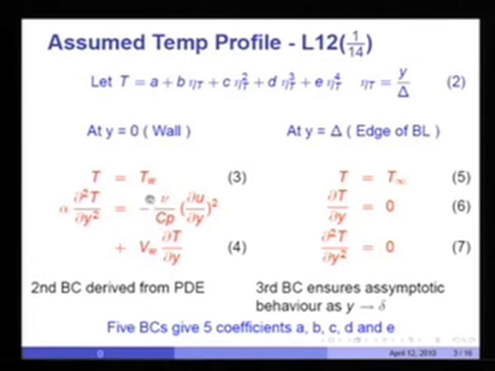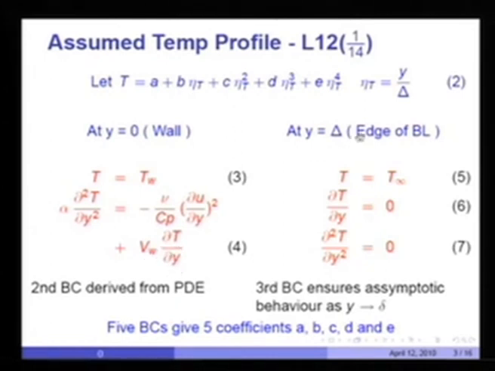with 5 boundary conditions. The first of these is at y equal to 0, of course, T is equal to T w, and eta t will be 0, and therefore, A will be equal to T w. The second condition at the wall derives from the differential equation of the boundary layer, and it would be alpha times d 2 T by dy square, which is the diffusion term, equal to the viscous dissipation term and the wall velocity term v w dT by dy.